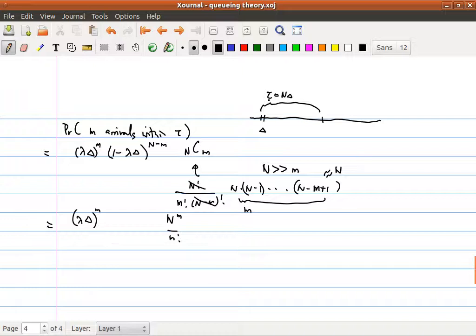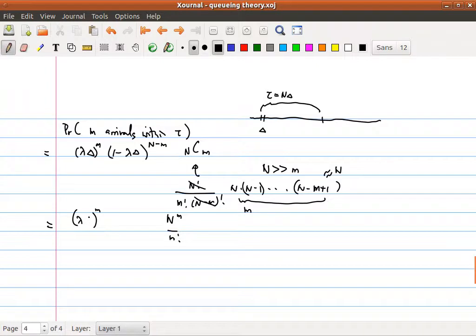Remember that tau is equal to n delta, so we can replace delta with tau over n.